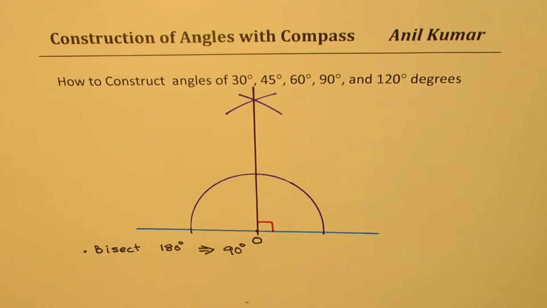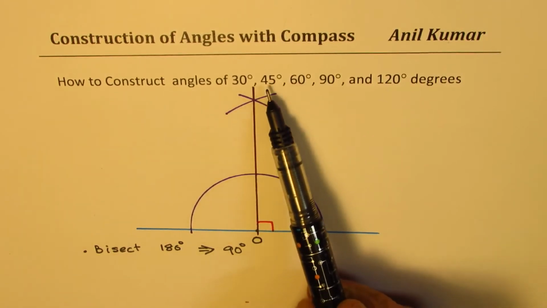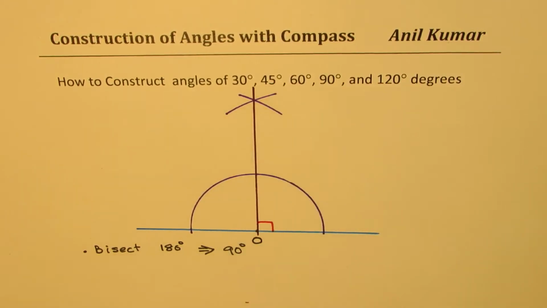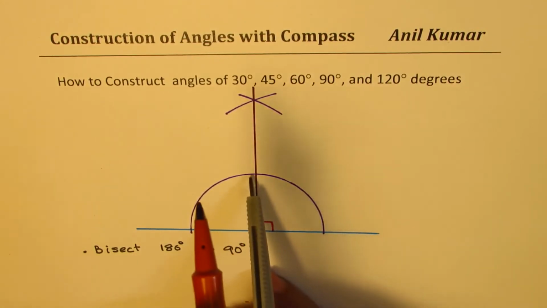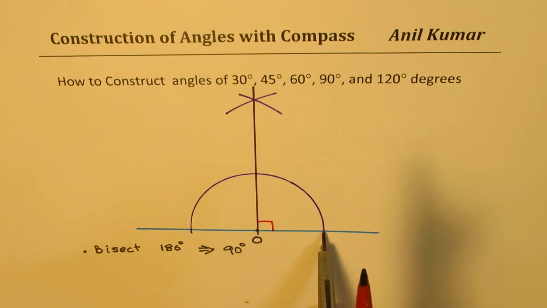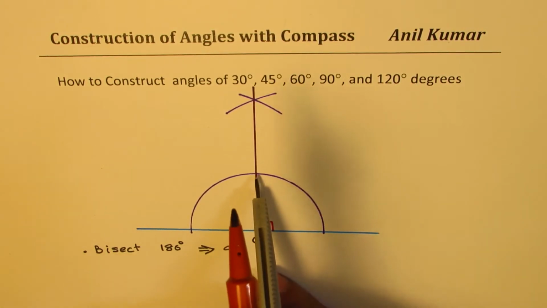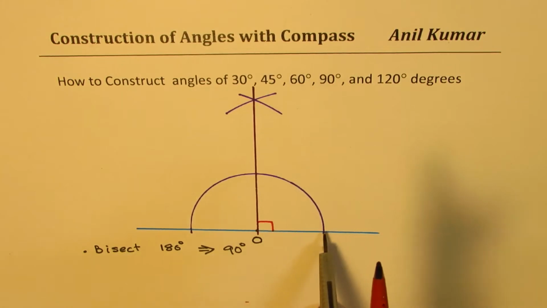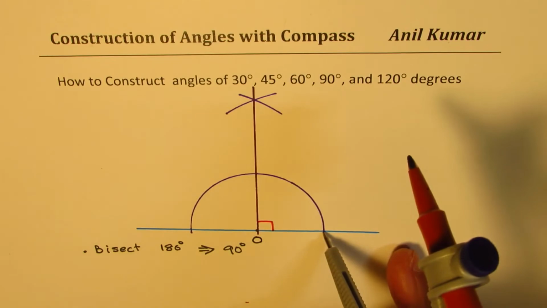Now from 90 degrees I can again bisect and get 45 degrees. How do I do that? Well, I've already done half of the work, and that is, you can see from this point I have an arc, and this arc cuts the horizontal line and our vertical line at two different points. Now just as we bisected the earlier angle, we can bisect this angle also.